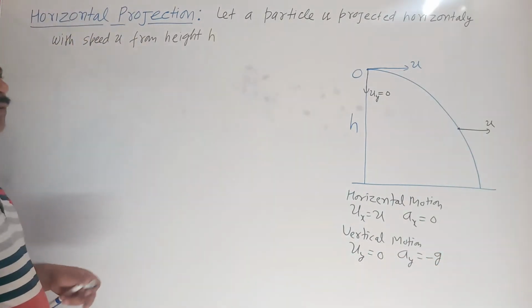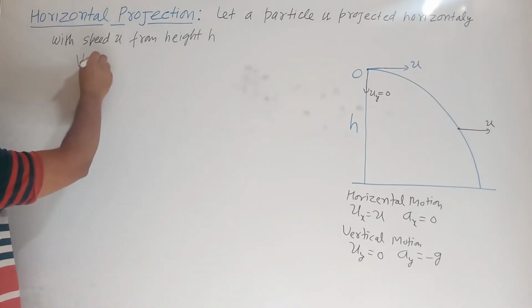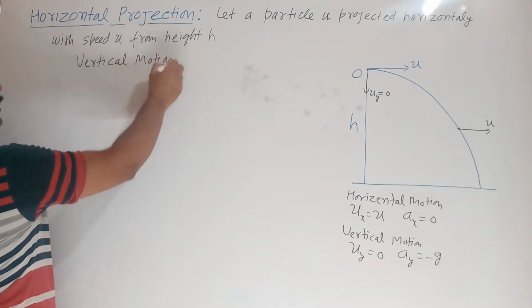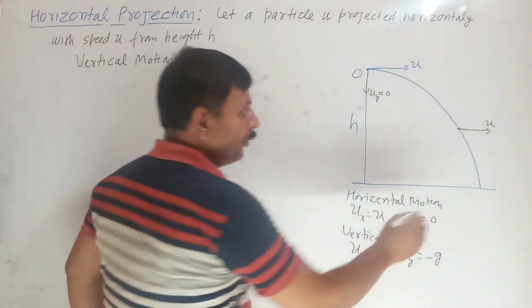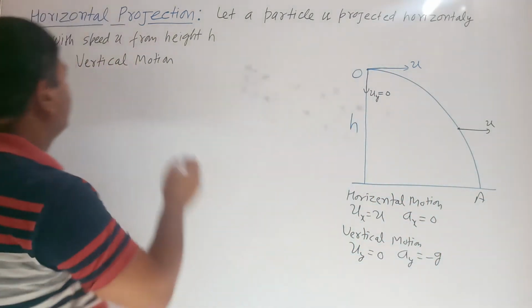For time of flight, if we look at the vertical motion, when it reaches the ground, the vertical displacement will be h.